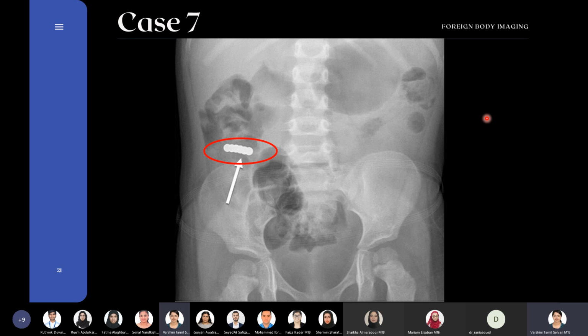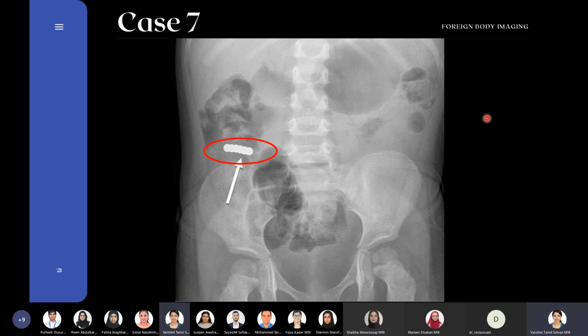And what do you think? What foreign body object is this? What do you think this 2-year-old girl has swallowed? It can be a bracelet, but what does that bracelet consist of? What is it made of?